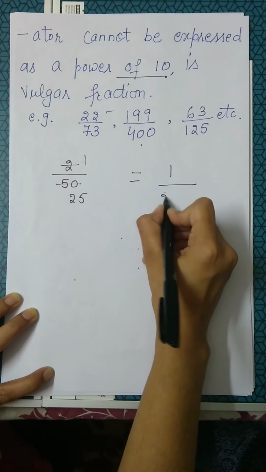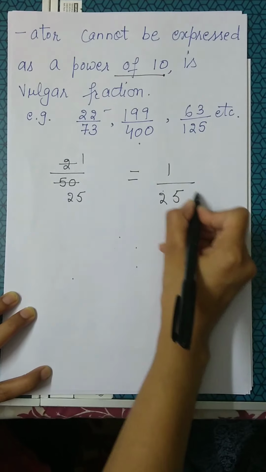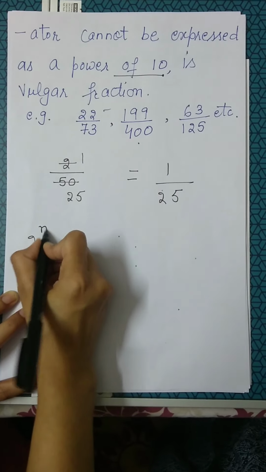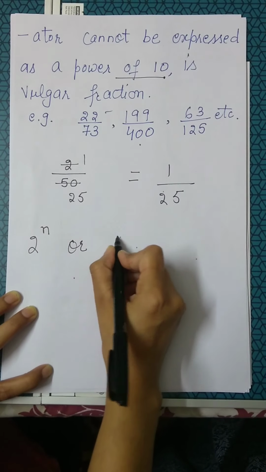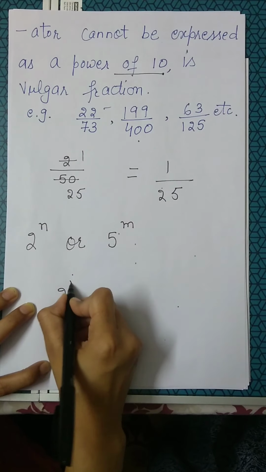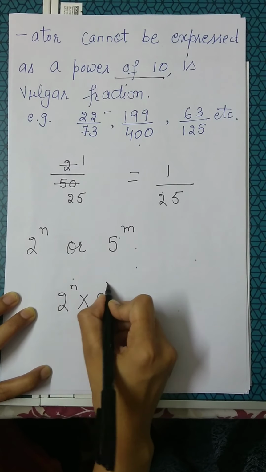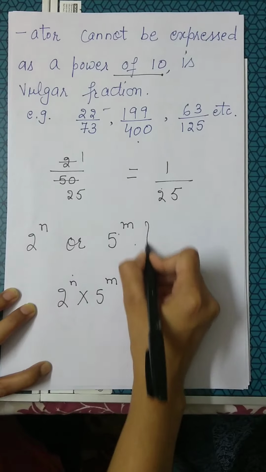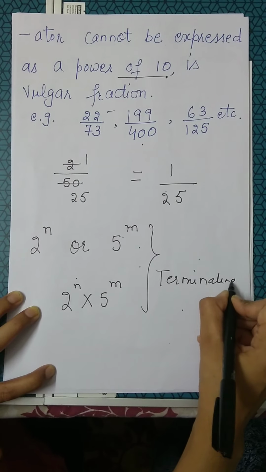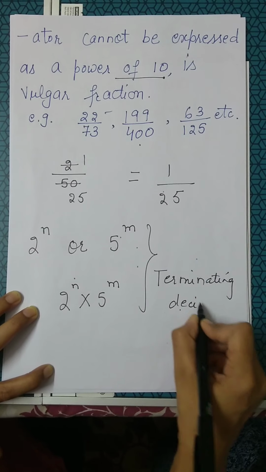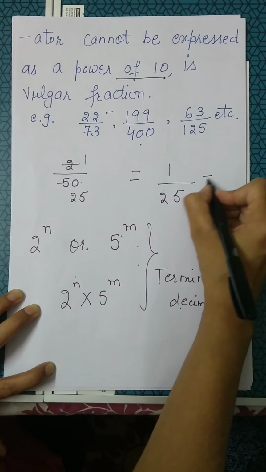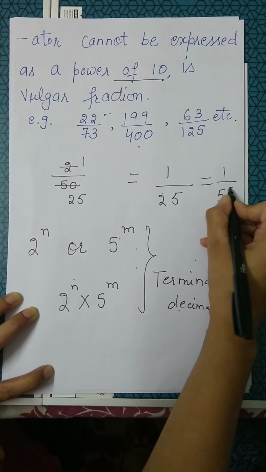Now if the denominator can be written as an exponential power of 2 or an exponential power of 5, or a product of exponential powers of 2 and 5, then the number will be a terminating decimal number. 1 upon 25 can be written as 1 upon 5 square.